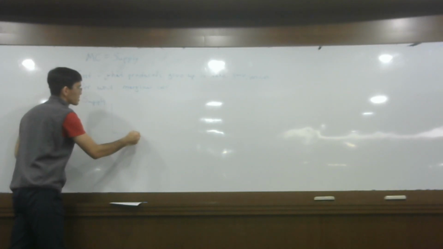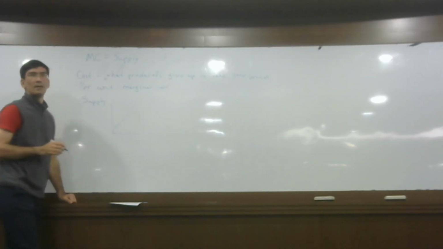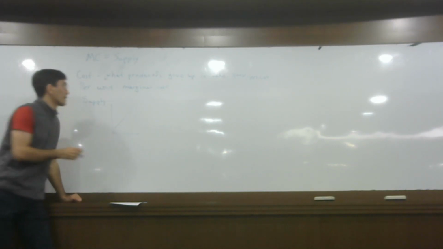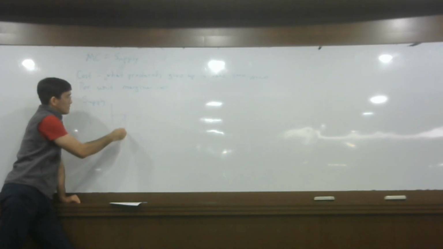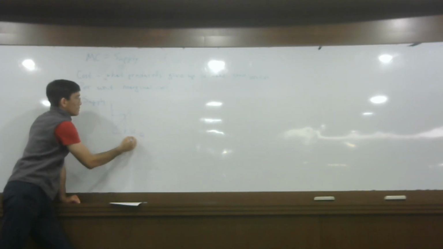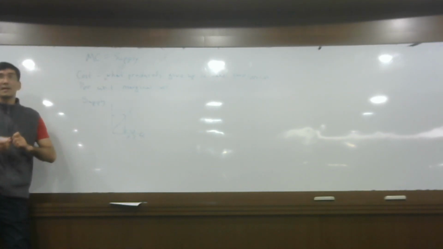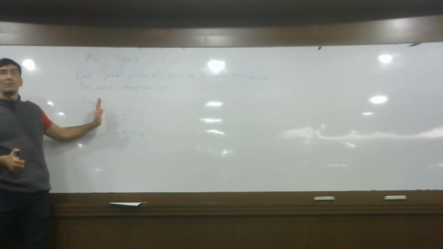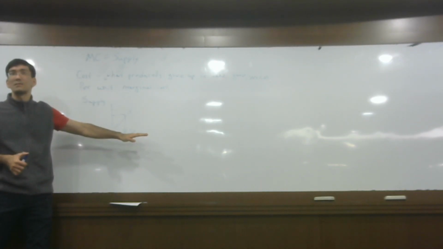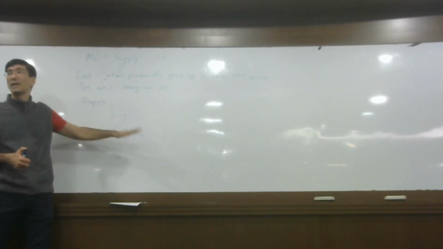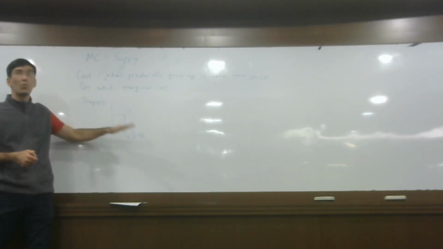And remember, as we mentioned when we looked at supply, one way of looking at supply is at a price, how much are the sellers going to sell? Remember, the supply, just like any function, y equals a plus bx, is just a relationship between y and x. It's just a relationship between price and quantity.